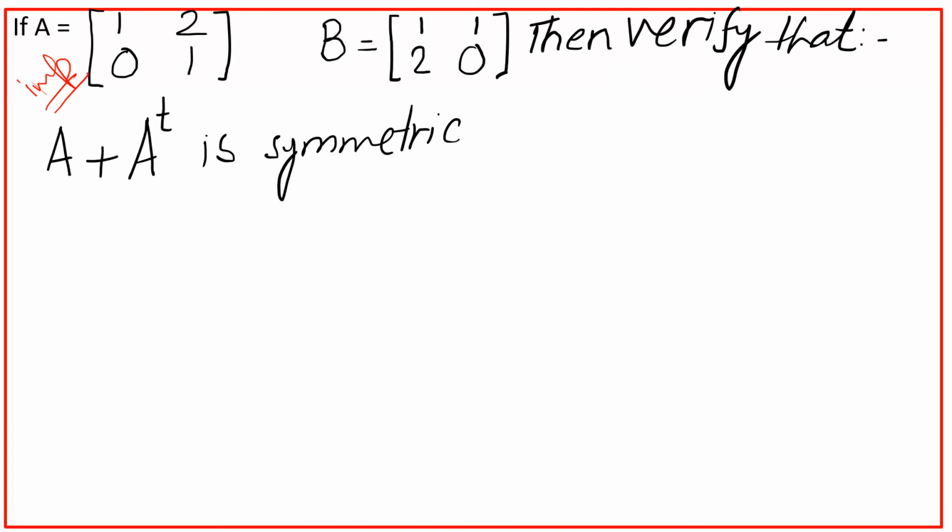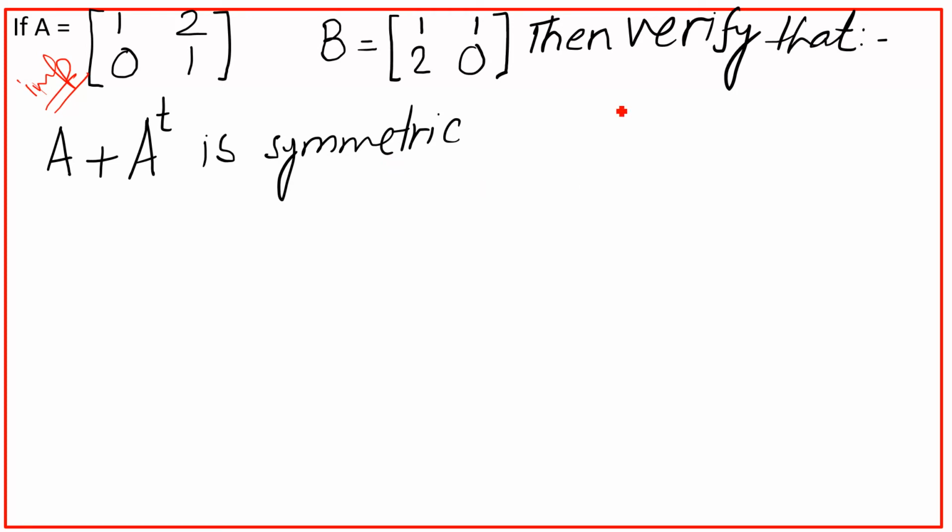Whatever. But for this matrix, in order to prove this theorem, suppose your matrix name is this, A plus A transpose, right? You are not going to find out A plus A transpose. No, you have to find out whether A plus A transpose is symmetric.